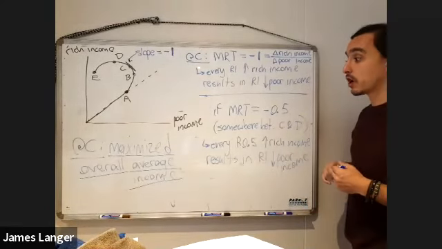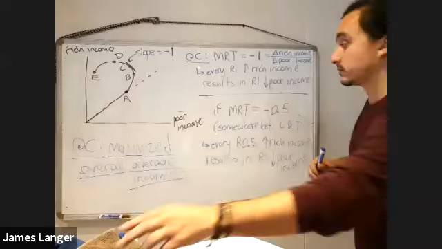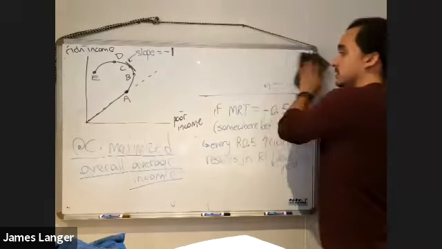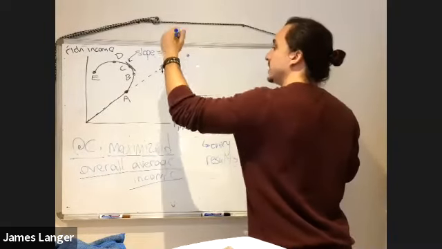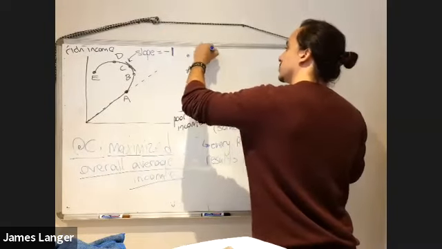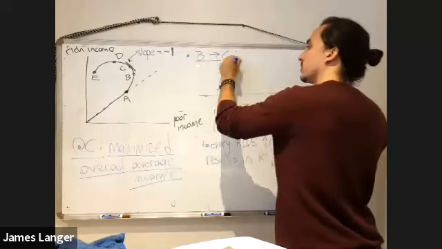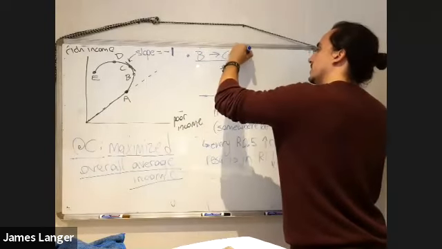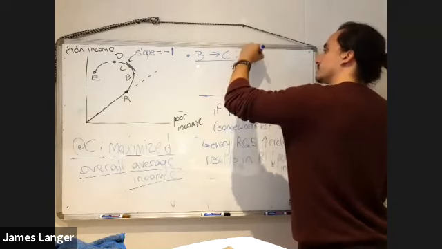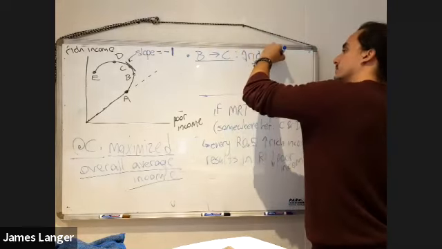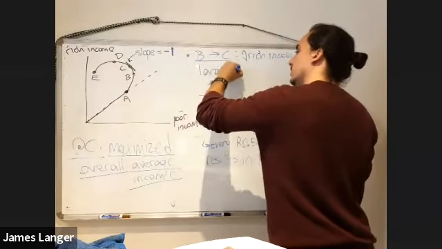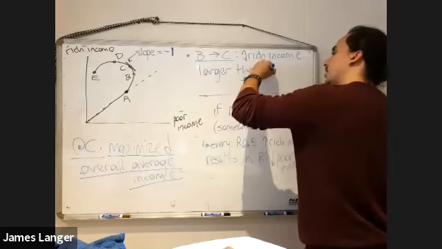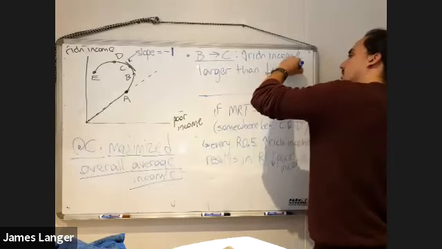So remember that when we go from B to C, the increase in rich income is larger than the decrease in the poor income.